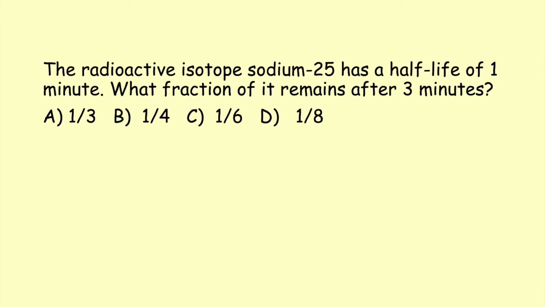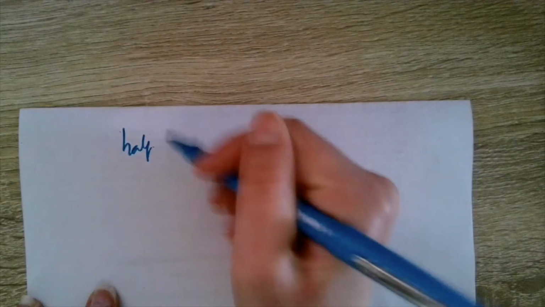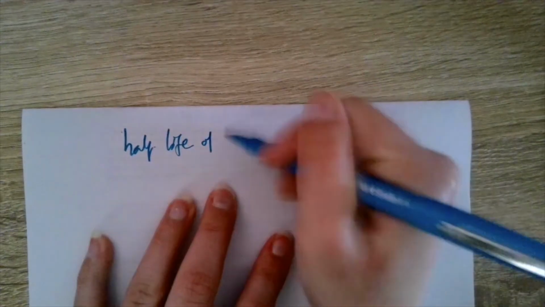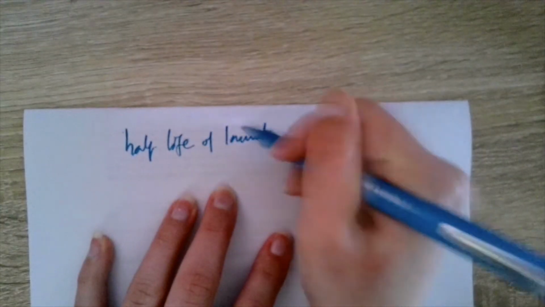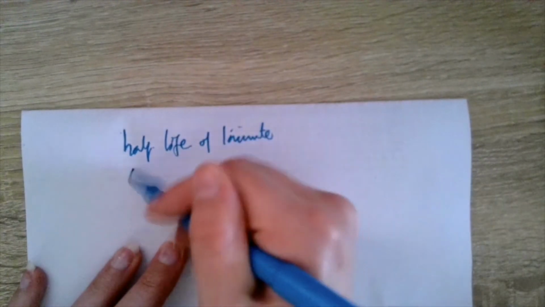The radioactive isotope sodium-25 has a half-life of 1 minute. What fraction of it remains after 3 minutes? Is it A, 1/3, B, 1/4, C, 1/6, or D, 1/8? If we have a half-life of 1 minute, we're after what fraction is remaining after 3 minutes.